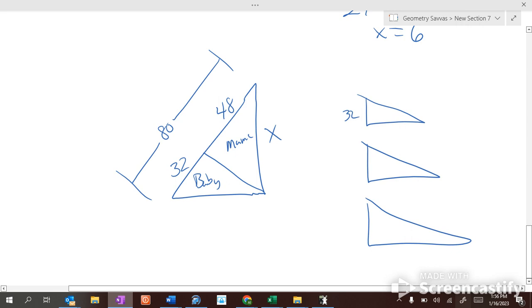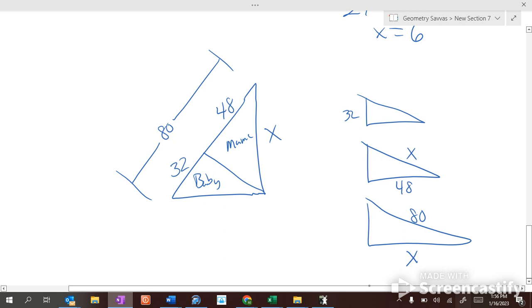Mama, I know the short side I don't know. The medium side is 48, and the hypotenuse is x. Papa, the big one, the medium side is x, and the hypotenuse is 80.